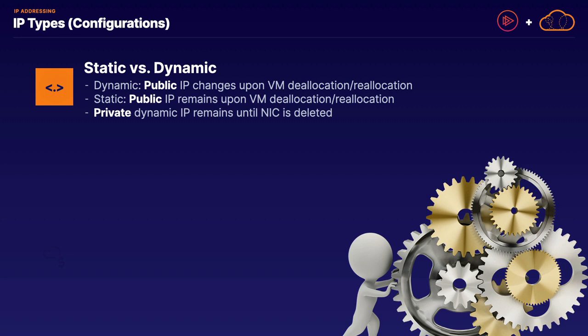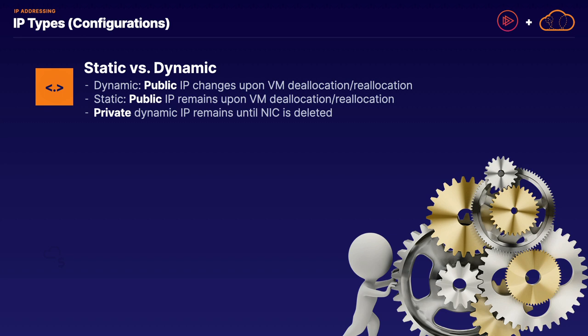By comparison, a static public IP address will remain in place every time that virtual machine is then deallocated and reallocated. Keep in mind, though, that when working with public versus private dynamic IPs, it is a little bit different, in which a private dynamic IP will remain associated with that network interface card, even if it is deallocated and reallocated, until that network interface is later deleted.